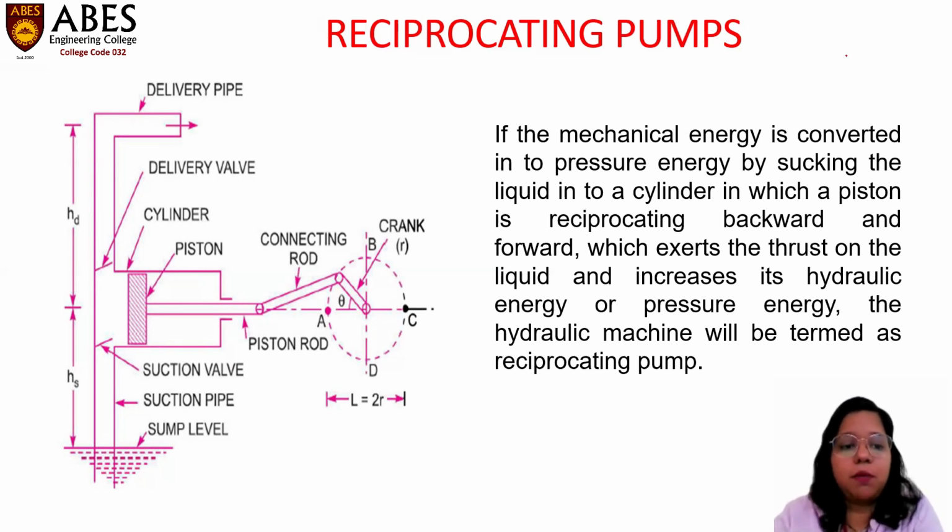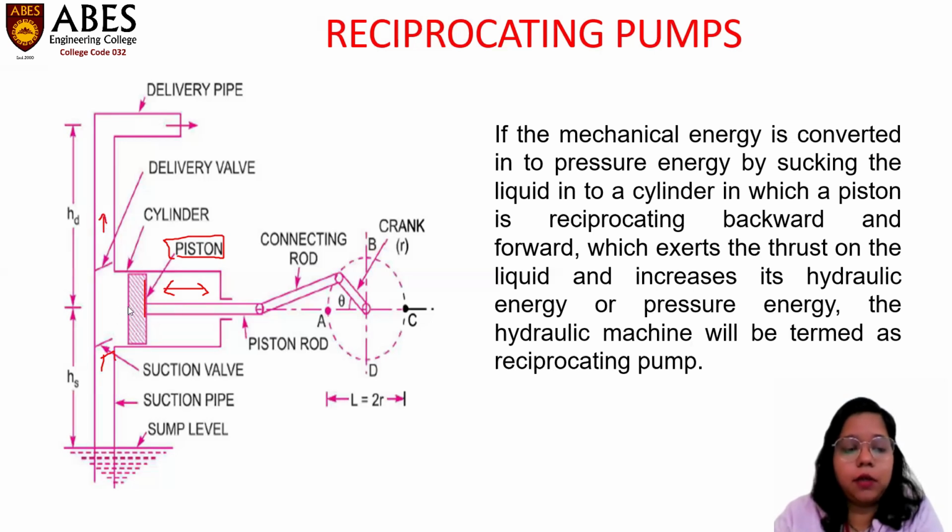These are using the reciprocation of this piston. Here the piston is attached. The reciprocation of this piston in forward and backward direction exerts a thrust on the fluid. Here is the suction pipe. Here is the delivery pipe.